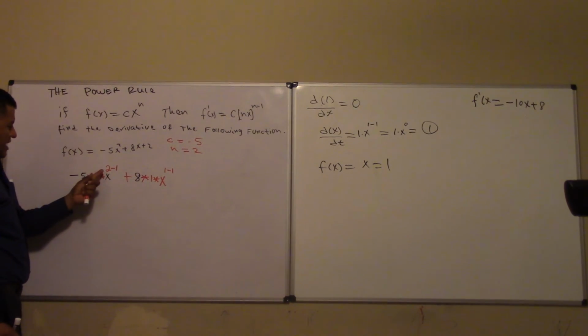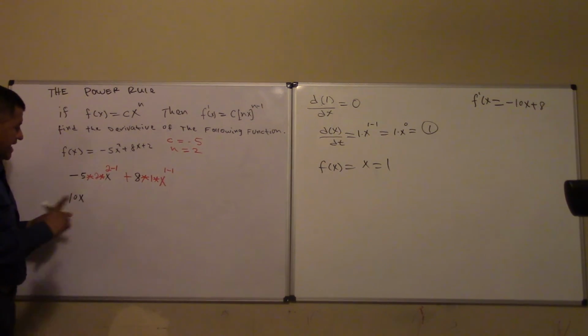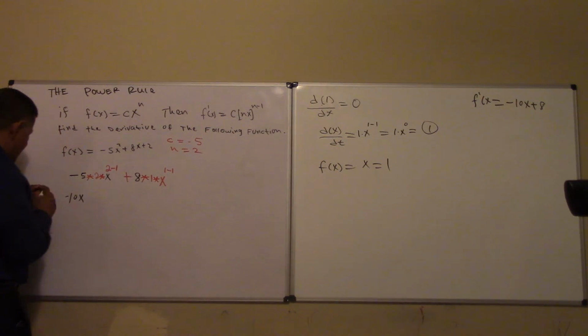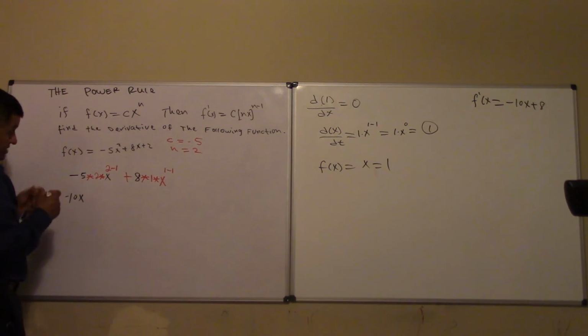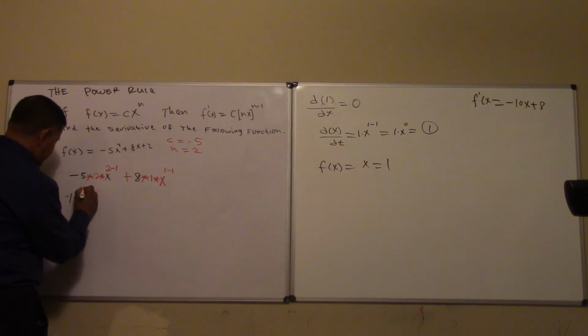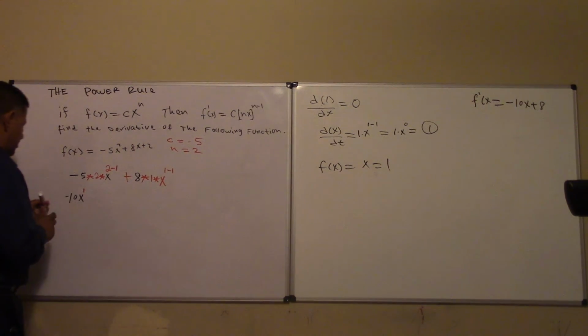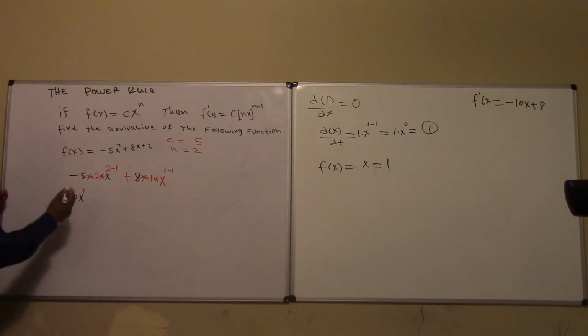And 2 minus 1 is 1, and any number to the 1 power is that number. I just want to make sure that it's clear. So I get x to the 1 power.